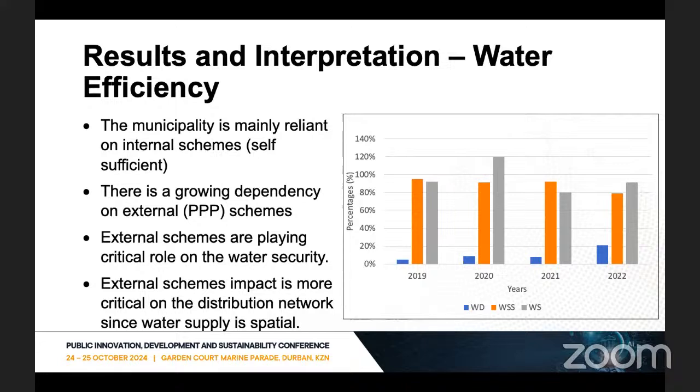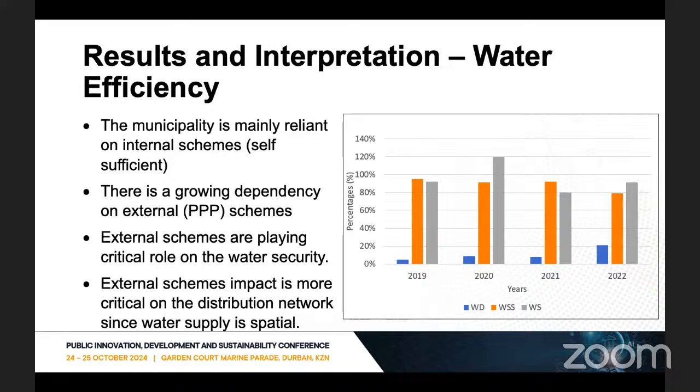But there is a growing dependency on the external schemes because there's limited capacity on the available resource. The external schemes are playing a critical role in ensuring water security.